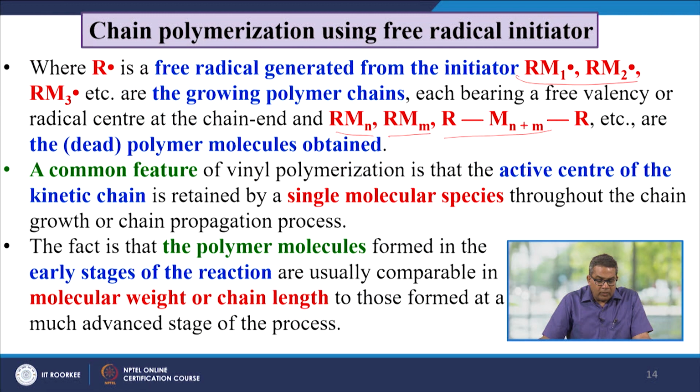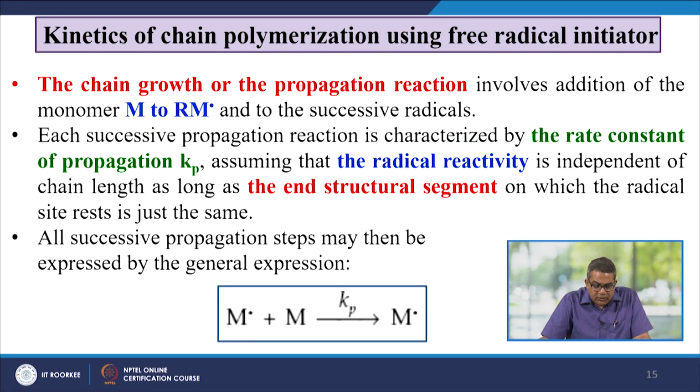Now, when we talk about the kinetics of chain polymerization using free radical initiation, the chain growth or propagation reaction involves the addition of a monomer, that is M, to radical Rm, and to the successive radicals.